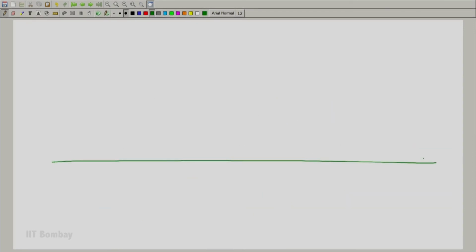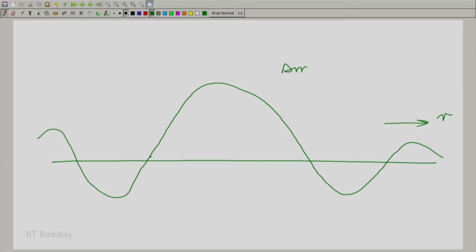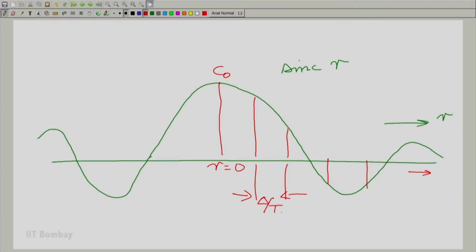So, let us sketch that. Let me expand this. This is the sinc function. You are taking samples like this. You are taking the sample at 0 for C0, and then you are taking samples here, here, and then here, and so on. And the spacing of the samples is delta by Ts. So, if delta is very small, the spacing goes to 0. So, you are going all around 0 itself. But if the spacing is non-negligible, what is happening here is quite interesting.